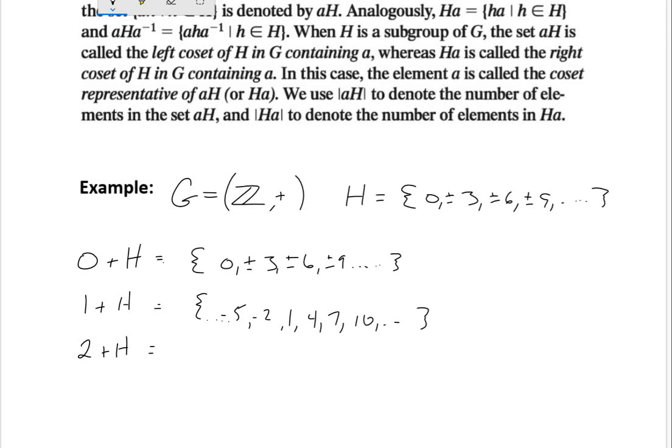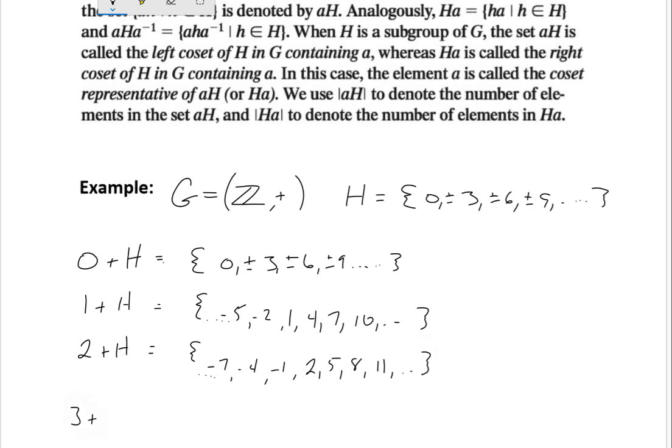Then we look at 2 plus H, adding 2 to everything in H. That gives negative 1, negative 4, 7, and so on.